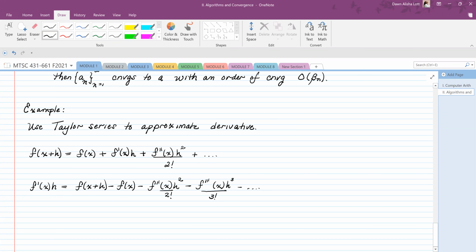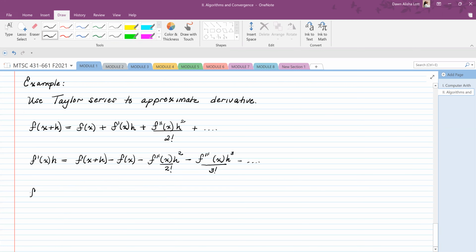And when I divide by h, I get f prime of x looks like f at x plus h minus f at x, divided by h.